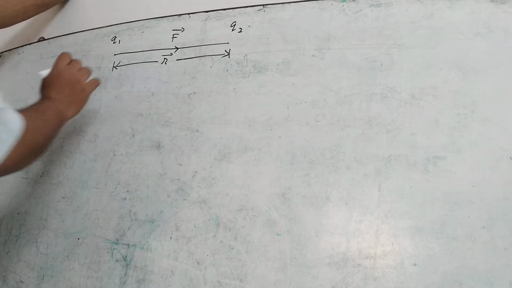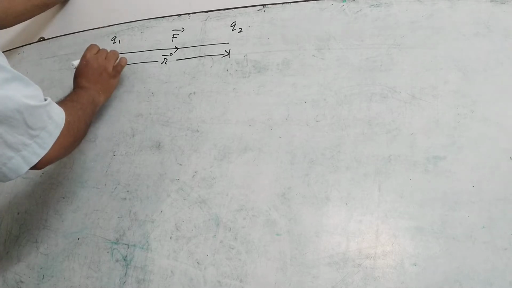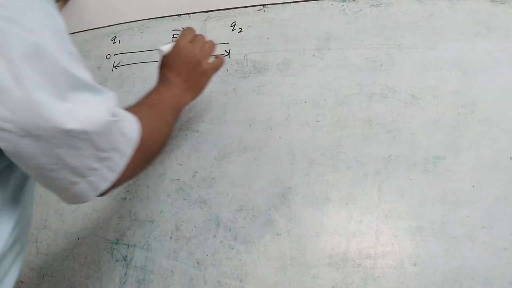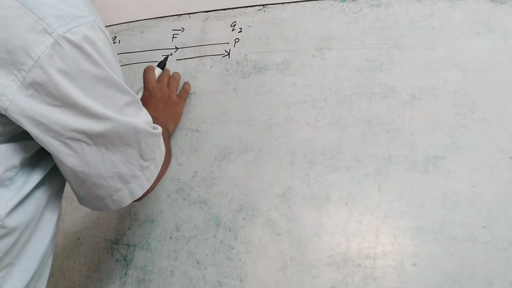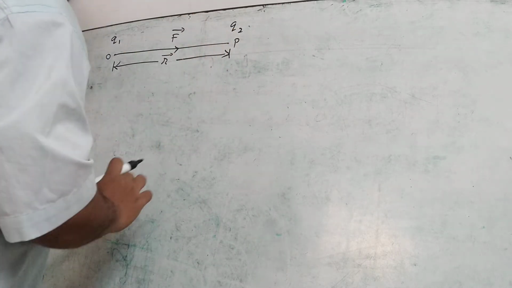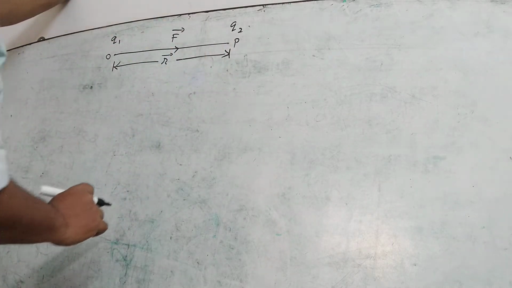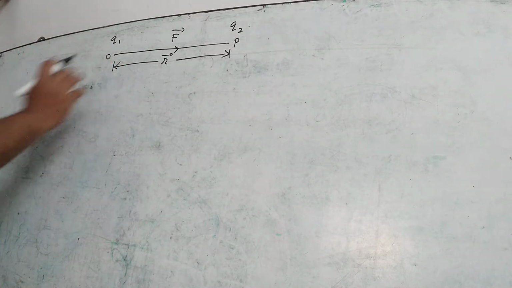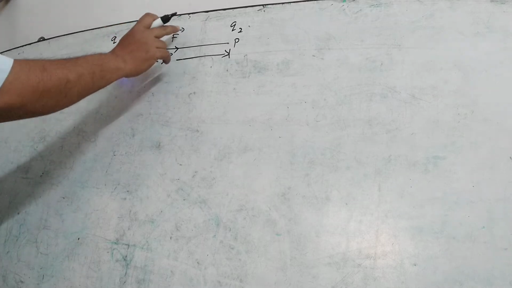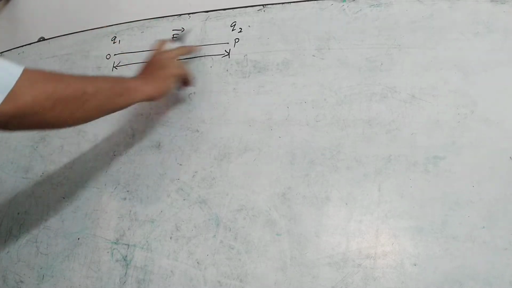Okay, we consider that Q1 is placed at the origin O and Q2 is placed at a point P at a distance R from point O, and R is the position vector of point P with respect to the point O. Therefore, the direction of F and the direction of R are the same.